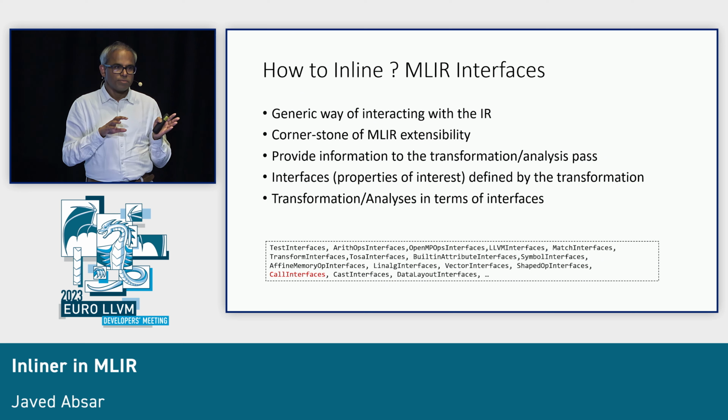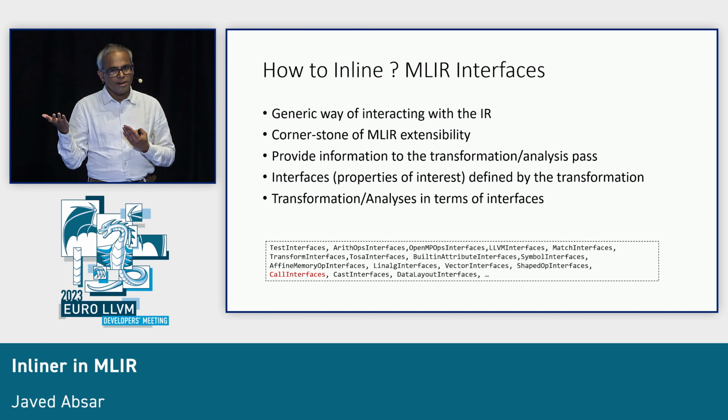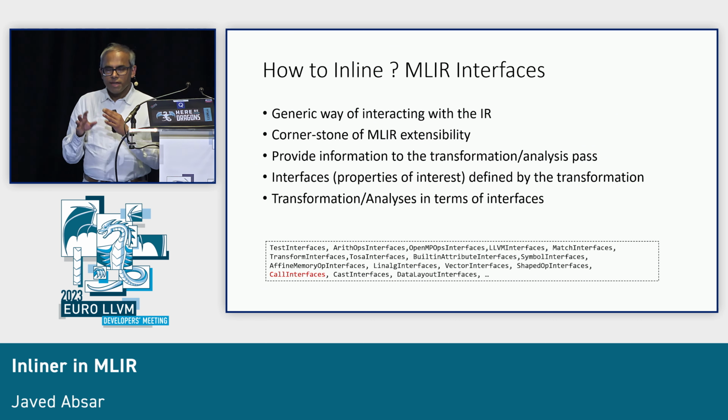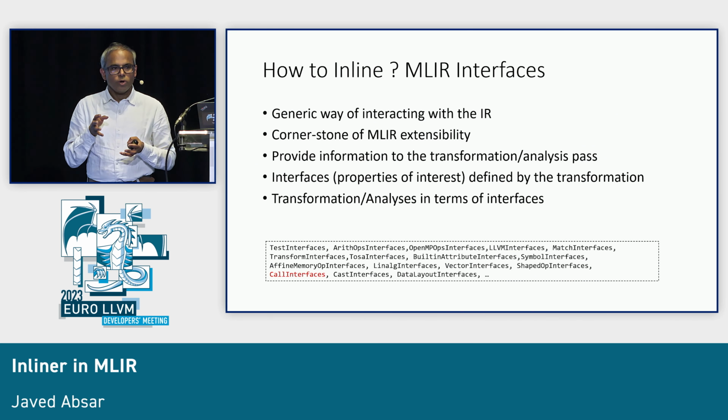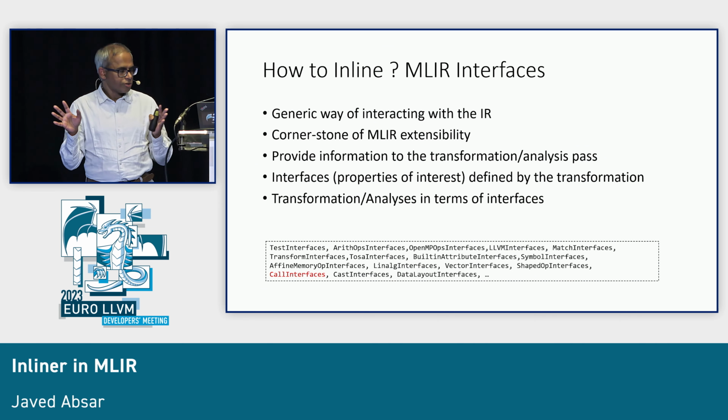So in this case, for example, a good place is the inliner itself. The inliner defines the interface, and anybody who wants to get inlined must implement those interfaces. And then the inliner transformation works with those. It knows anybody who wants to be inlined would have those interfaces, those methods, and then it can use those to implement it. And that's the whole story.